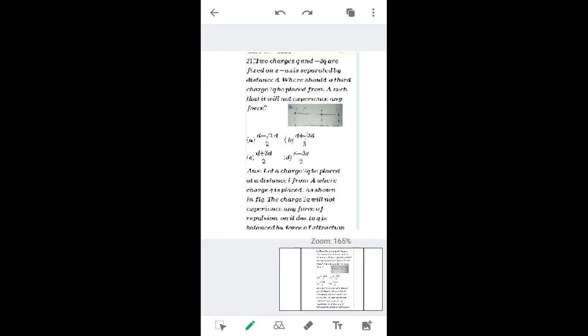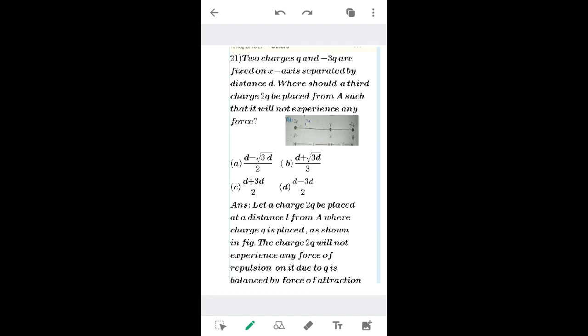I'll read out the question. Two charges q and minus 3q are fixed on x-axis separated by distance d. Where should a third charge 2q be placed from A such that it will not experience any force?